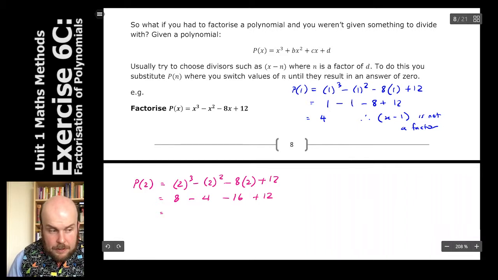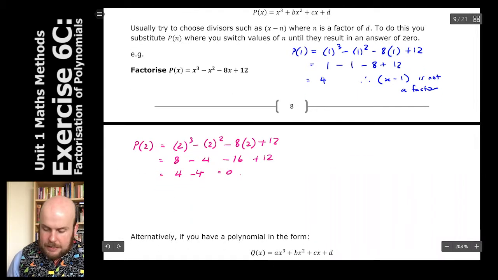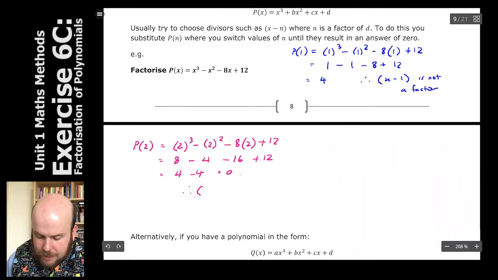So there we go. 8 minus 4 is going to be 4, minus 16 is negative 12, plus 12 is going to be equal to 0. Huzzah! So I managed to find that x minus 2 is a factor.